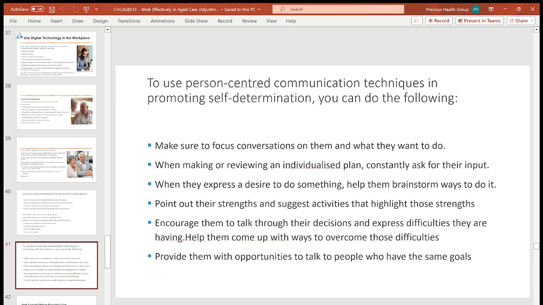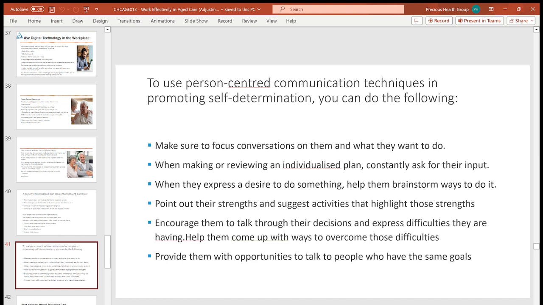We should make sure to focus the conversation on them and what they want to do. Whatever discussion we want to have with them, we should make sure that we are actually dealing with them and what it is that they themselves are looking to achieve at that particular time or even that day.